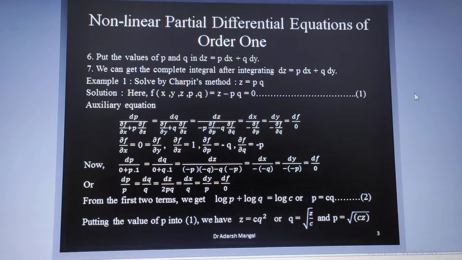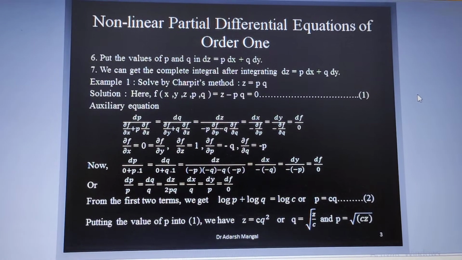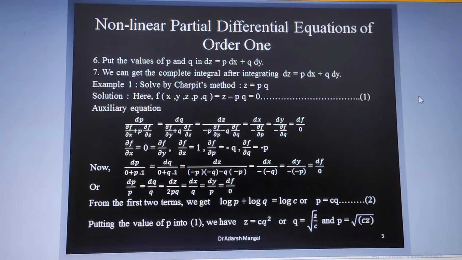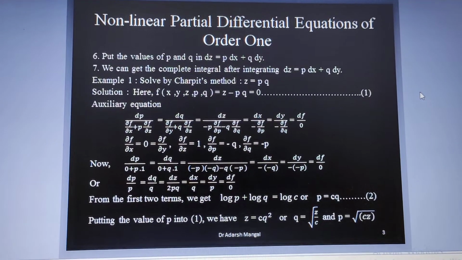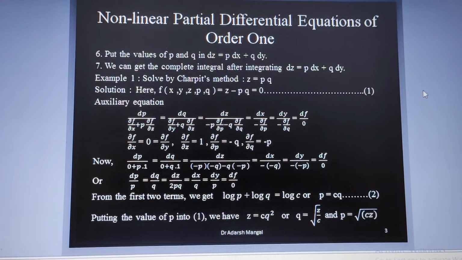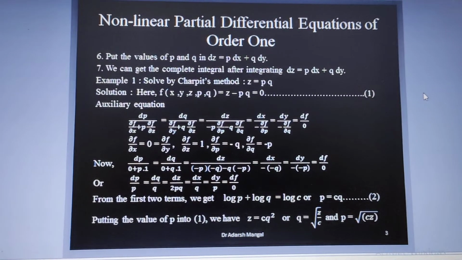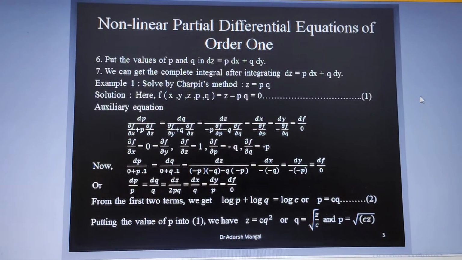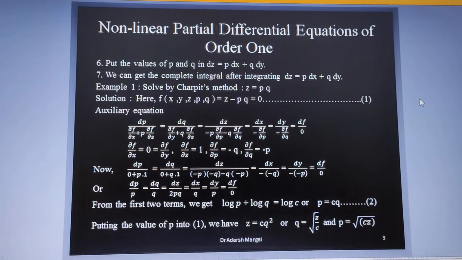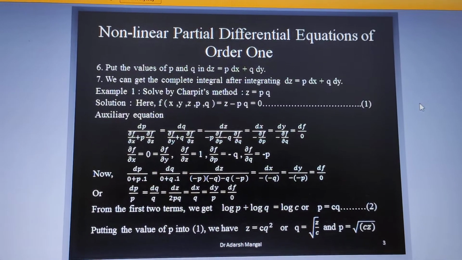Example 1: solve by Charpit's method, z equal to pq. It is the simplest question based on Charpit's method. Transferring all the terms to the left hand side, we have z minus pq equal to 0. Auxiliary equation you will have to write.